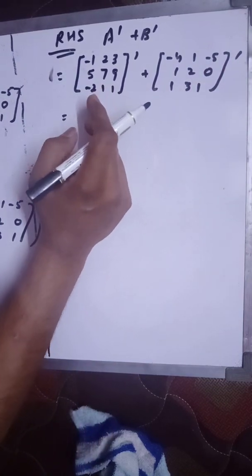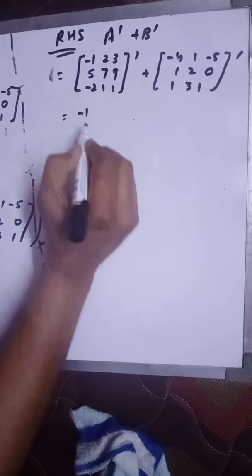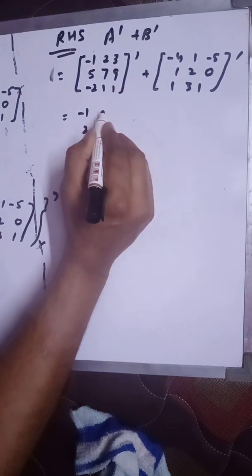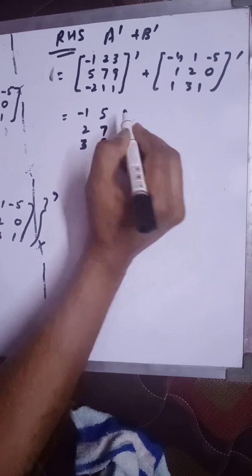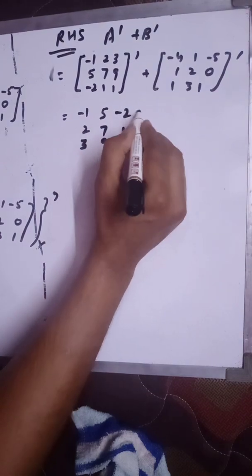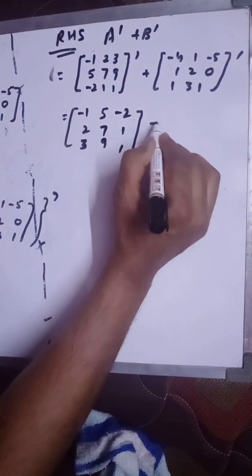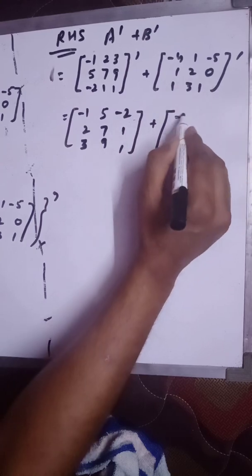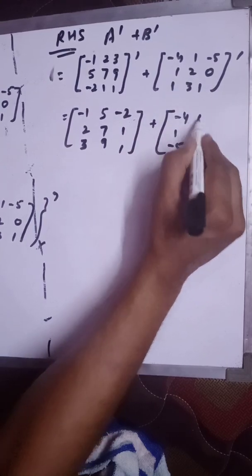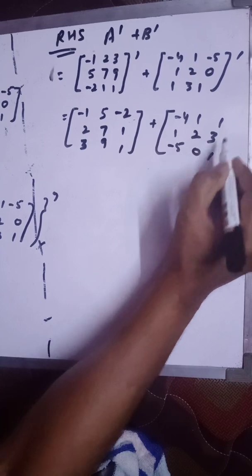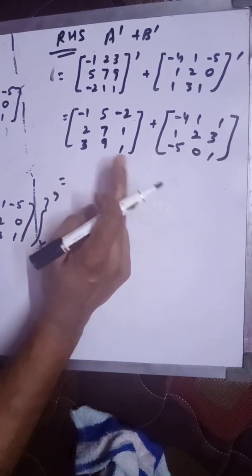So first of all you have to find out the transpose of this. That would be -1, 2, 3, 5, 7, 9, -2, 1, 1. Fine. This is the transpose of this matrix, plus the transpose of this matrix would be this. Now you have to add these two.